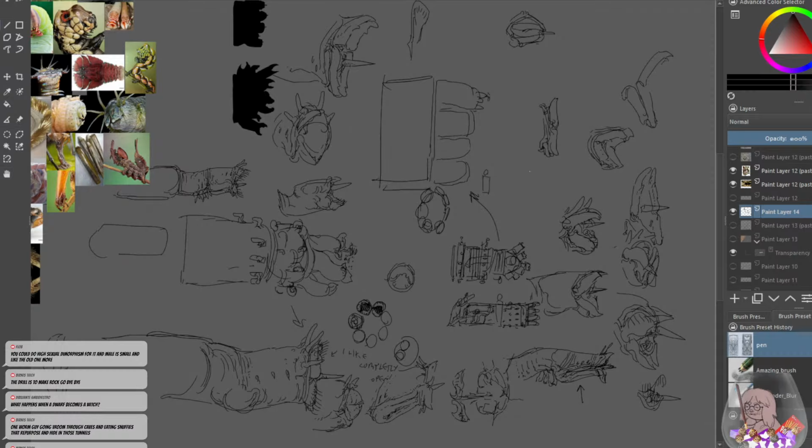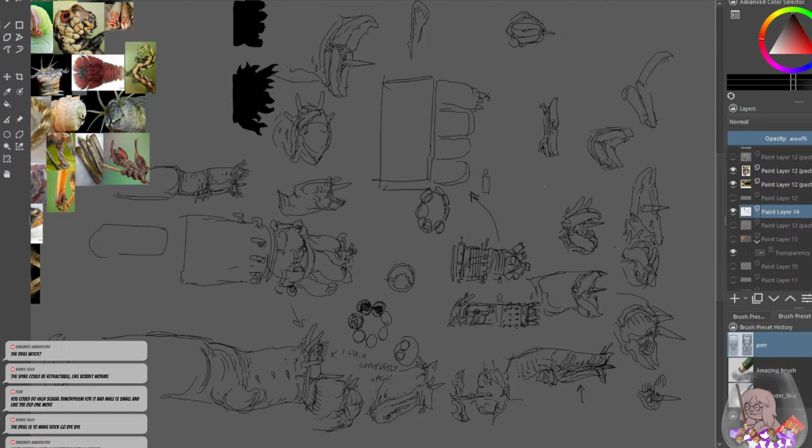Dimorphism for it, and males are just small like the old one. Or, oh, we could do an anglerfish type of deal where these are only females, and the males are just these little zits that attach to them.